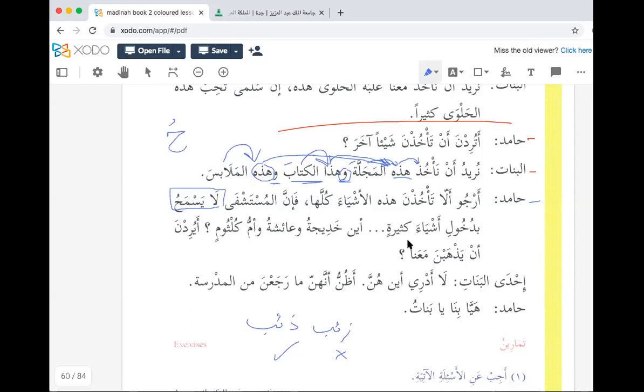All those 4 letters, Zai, Dal, Dad, and Dha, they're all there. Wa wada'na 'anka wizrak, that's Zai, wizrak. Alladhi anqada, sorry, alladhi anqada zahrak.